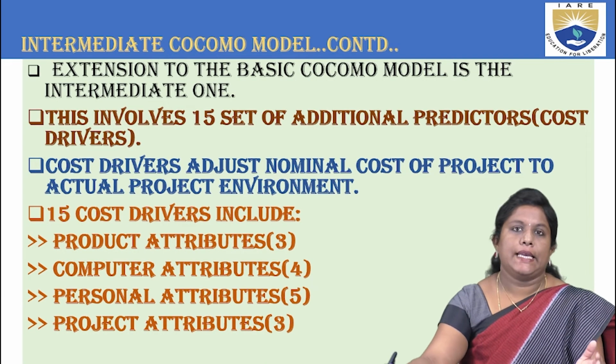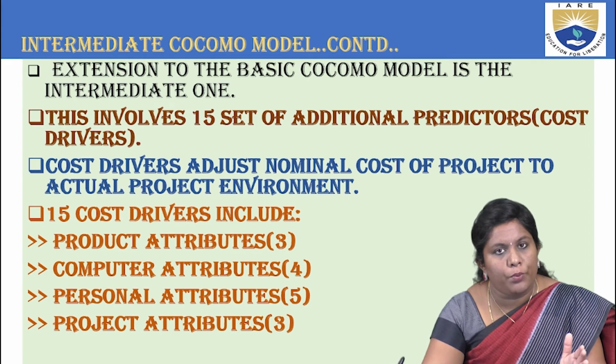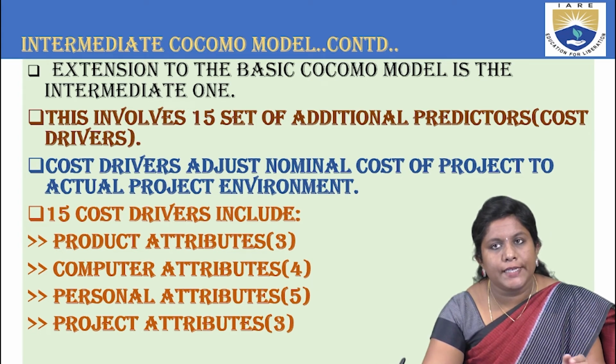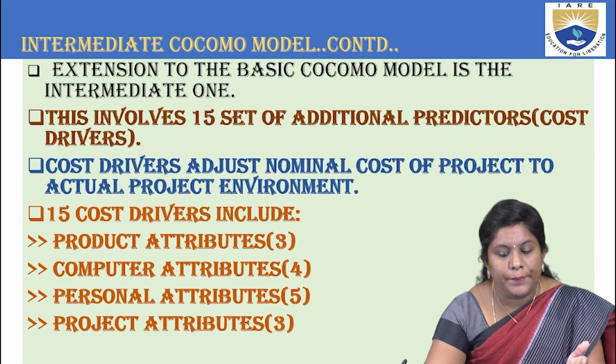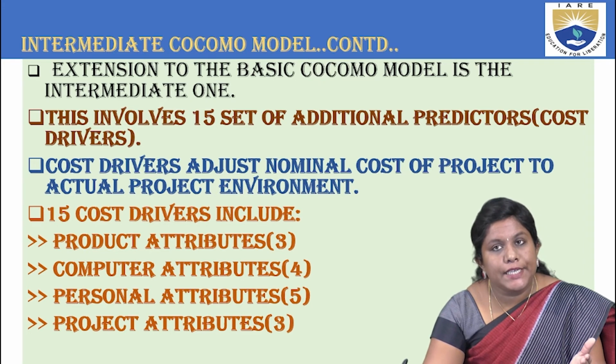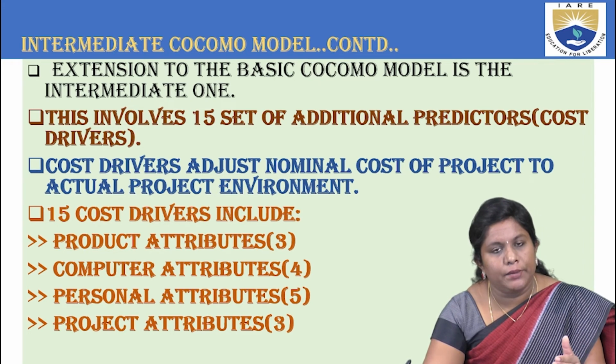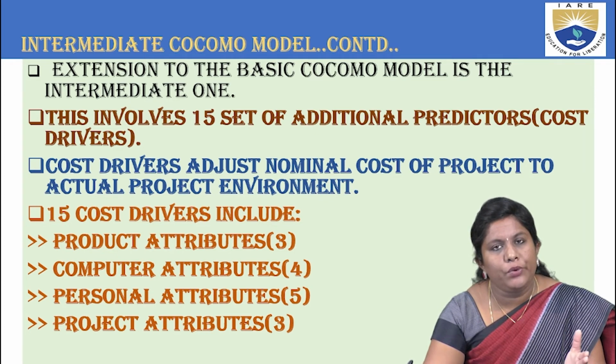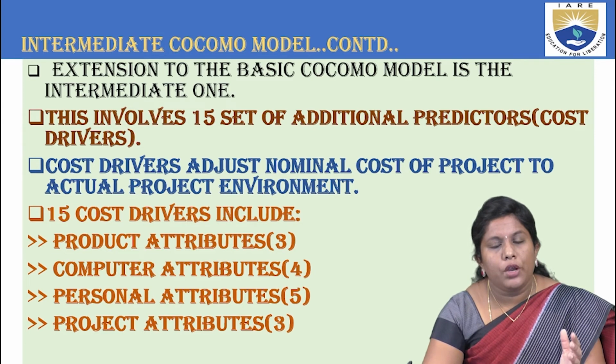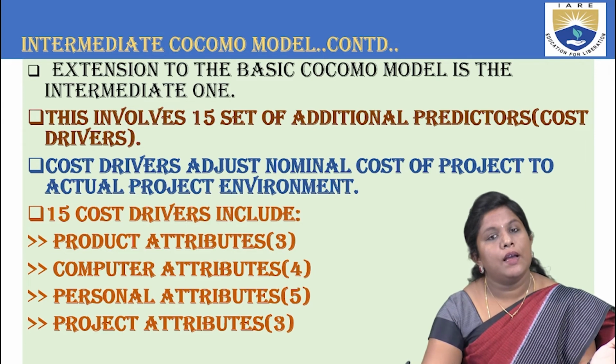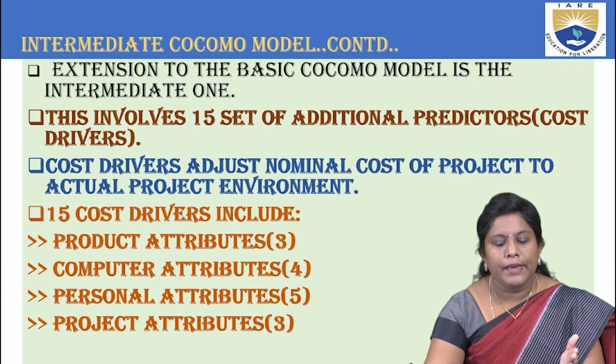Right? Next, coming to intermediate Cocomo model. So when you say intermediate Cocomo model, it is nothing but an extension to the basic model. In the table I have shown you what the basic does, what the intermediate does, what the detailed one does. So moving up from the basic, with a few more parameters, is the intermediate level.